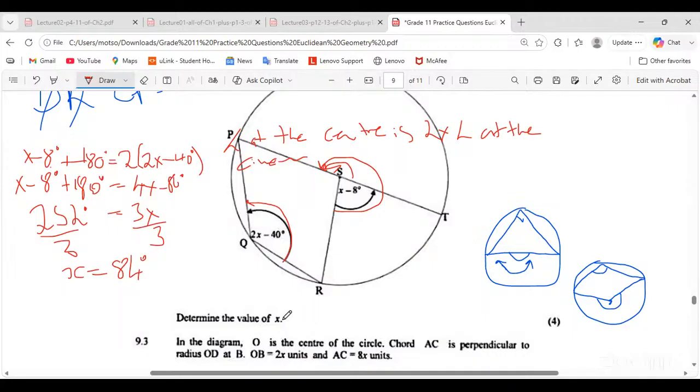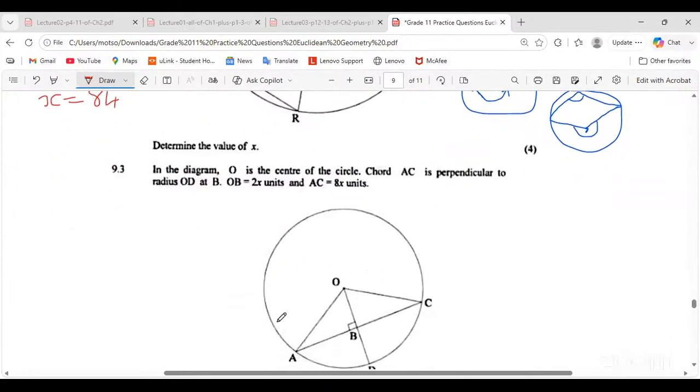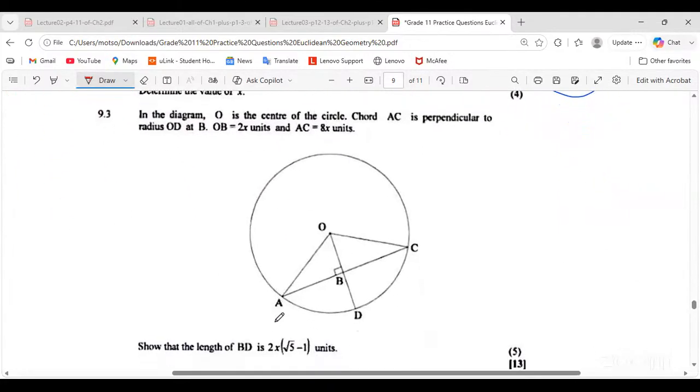Now let's proceed to the next question, 9.3. 9.3 says to us, in the diagram, O is the center of this circle. Chord AC is perpendicular to the radius OD. Theorem 1: a line drawn from the center perpendicular to that chord bisects the chord. Therefore, AB is equal to BC. That is theorem 1.